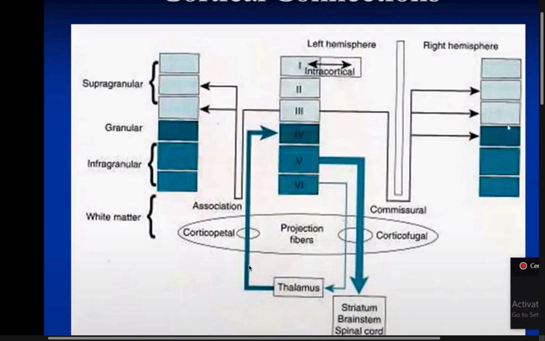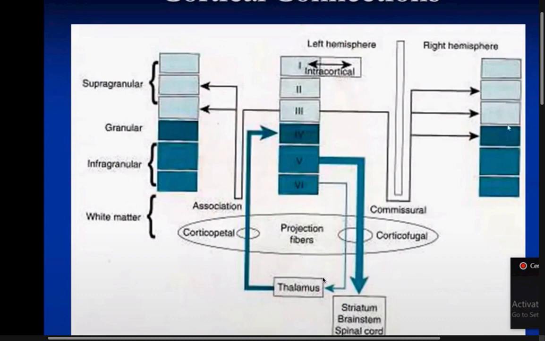Again, we have fibers getting inside the columns, going to the cerebral cortex, getting closer, named afferent ones. And when we say afferent, going inside, we call it corticopetal, okay? And those corticopetal and corticofugal fibers are named projection fibers. So any afferent or efferent fibers going away from or toward the cerebral cortex, or even the central nervous system, throughout the thalamus.